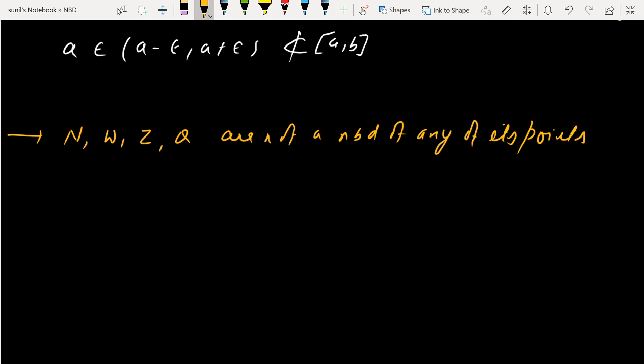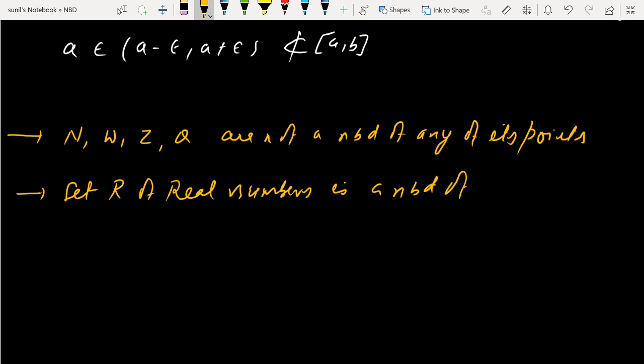You can verify that. And I can say that the set R of real numbers is a neighborhood of each of its points. So I have given you enough examples of neighborhood. I hope this concept must be clear to you, friends.